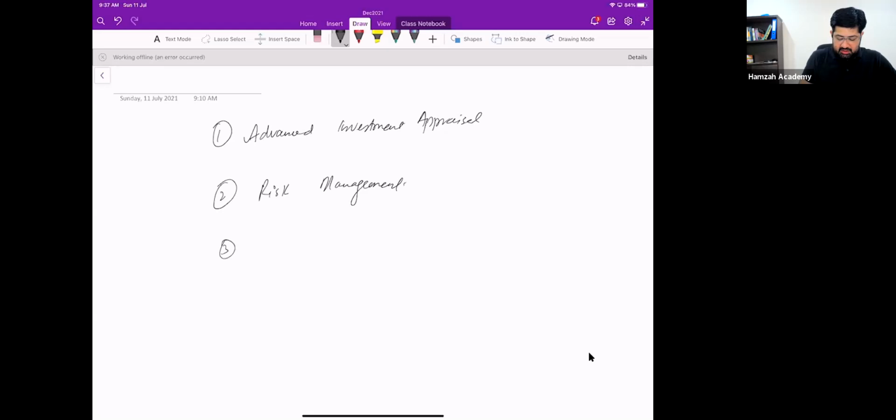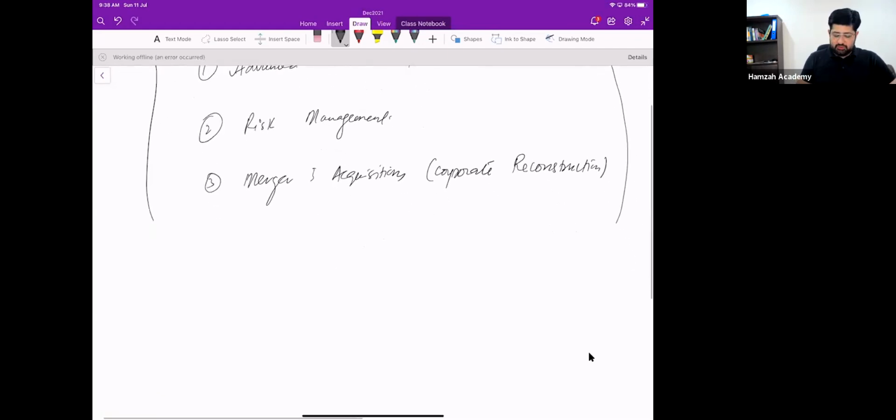And number 3, mergers and acquisitions, and corporate reconstruction with that. So this is how we will be proceeding through the syllabus.